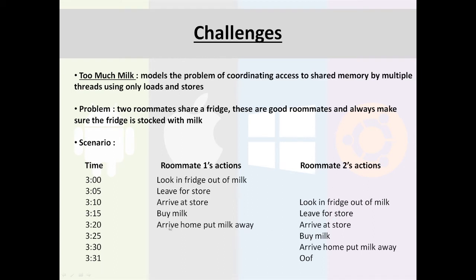Then roommate 1 arrives back home and puts the milk away, thinking everything's good. And later on, roommate 2, after following the same sequence of events, arrives home and puts the milk that he's bought away. And now you've got double the amount of milk. So this is the too much milk problem. So here you can see that there's a problem that arises when both our threads aren't really communicating with each other.